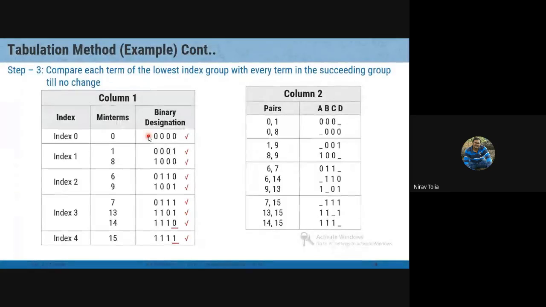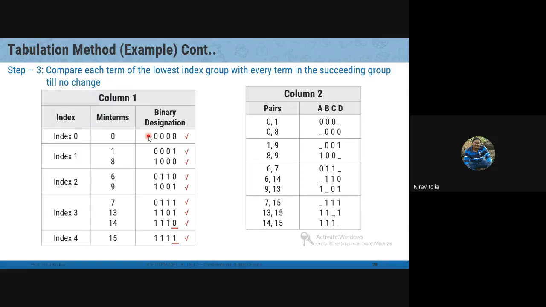So this is about column 2, and how we have to make a group, or how we have to combine these. We have to arrange all the minterms, and we have to check if their binary representations differ by only a single bit.